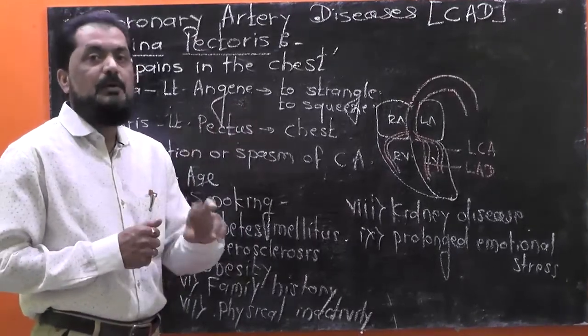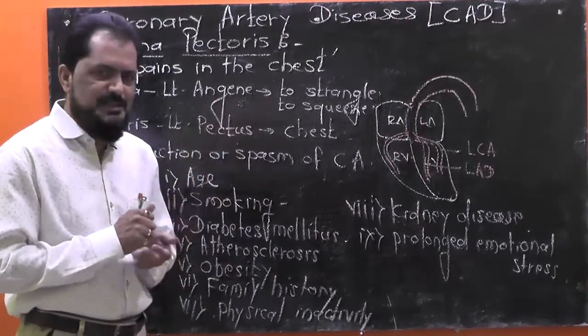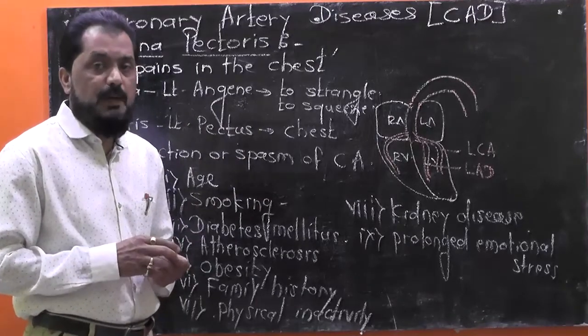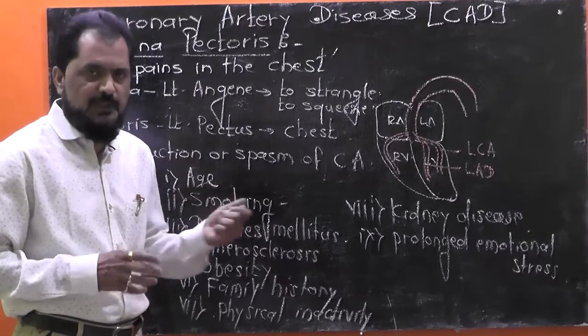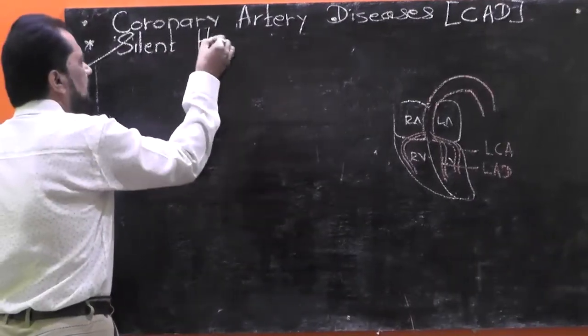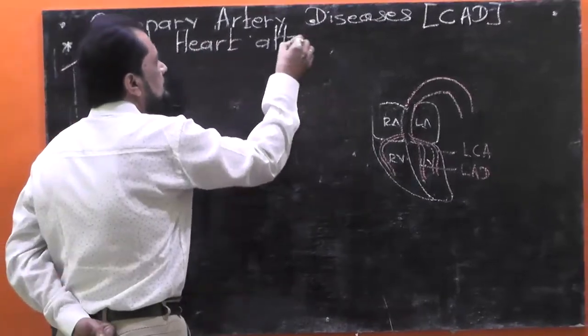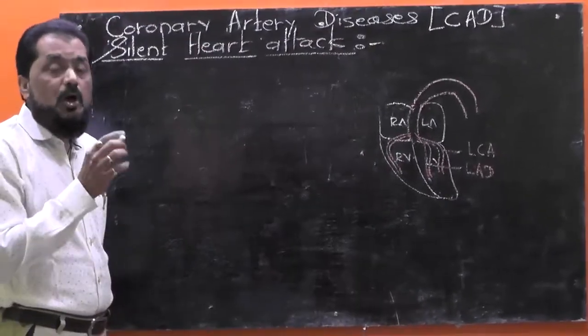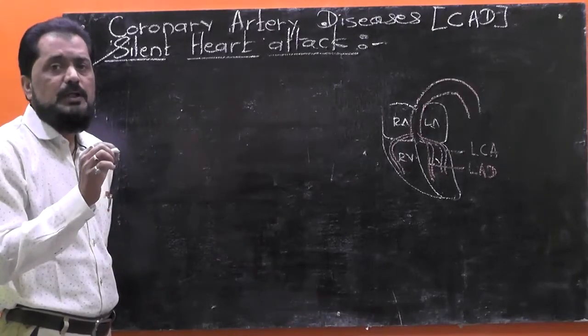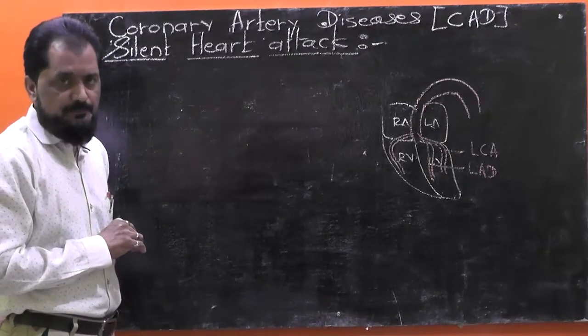Now let us talk about the second coronary artery disease, that is heart attack, which may be referred to as myocardial infarction. Let us talk about it. Silent heart attack. When a clot or thrombus is formed in the coronary artery, listen carefully.